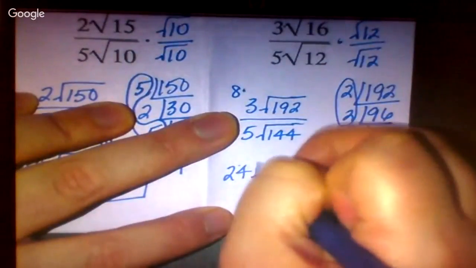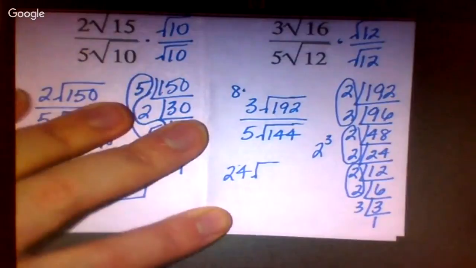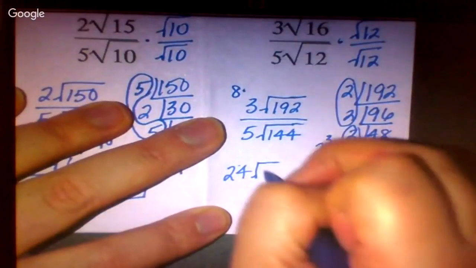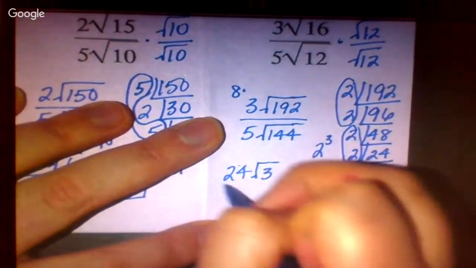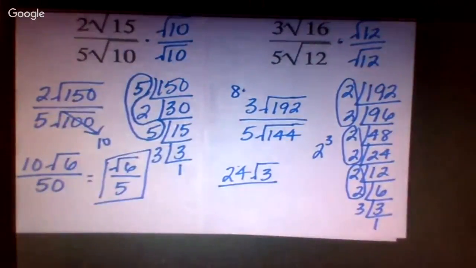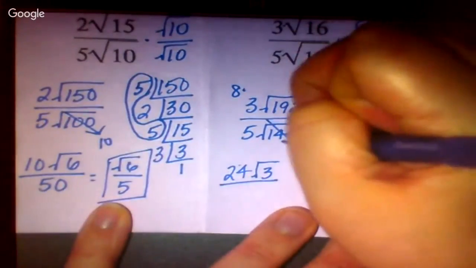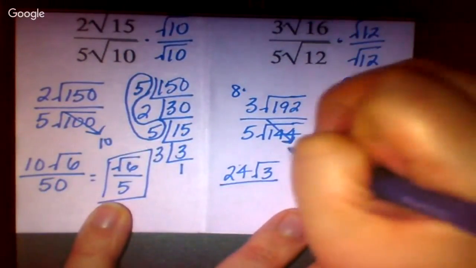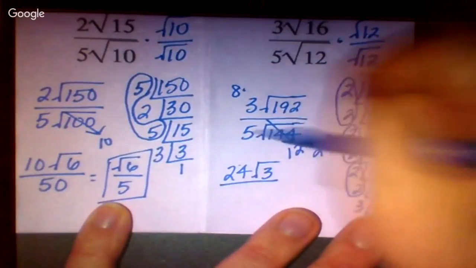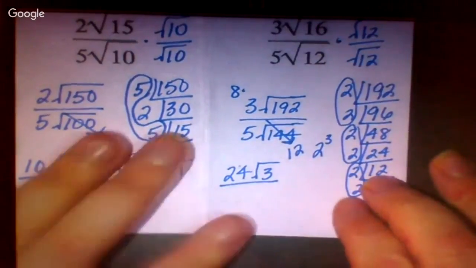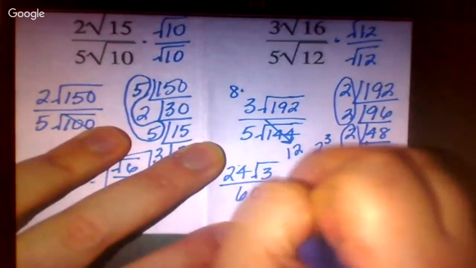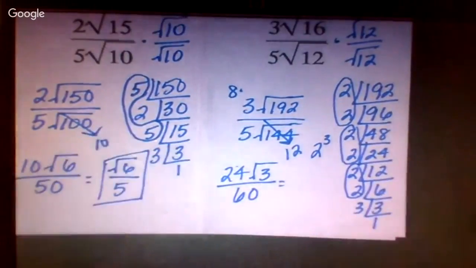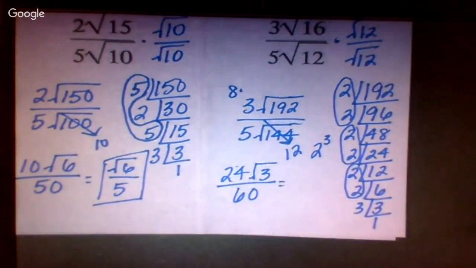24 square root of what's left? Just a 3. Divided by, okay, what does the square root of 144 reduce to? 12. So this is 5 times 12, which is 60. Your last step is to reduce 24 over 60.